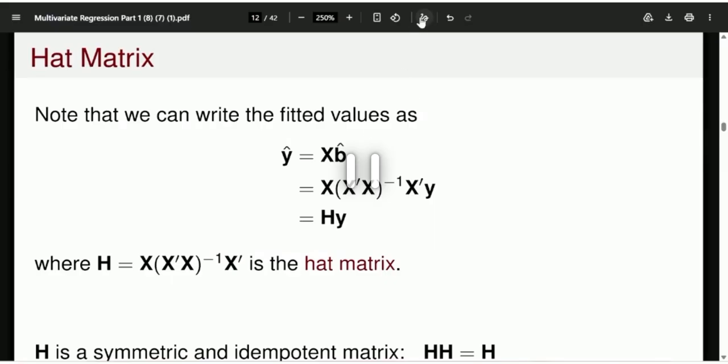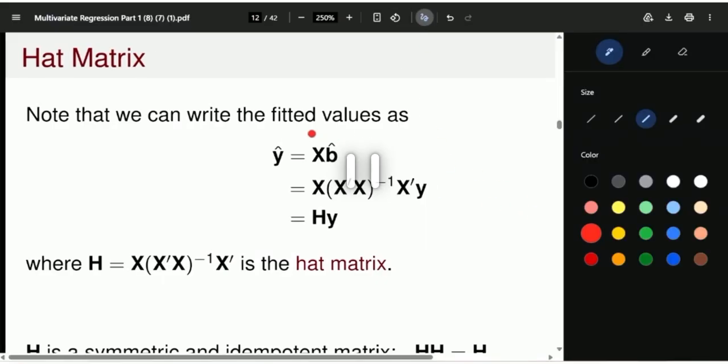I'm going to stop here, but let me quickly explain this. This is a predicted value. If this is a predicted value, what was the B cap that we got the other time? This guy, right? This B is the B cap. I brought it in to tell the world what makes prediction possible. If you take a look at what I have here, the one without Y, all of this, I call it the hat matrix.